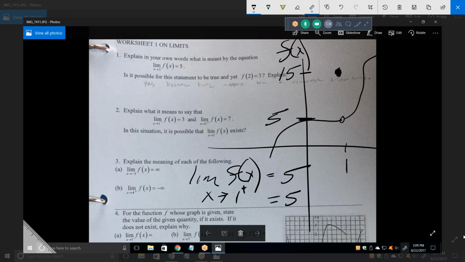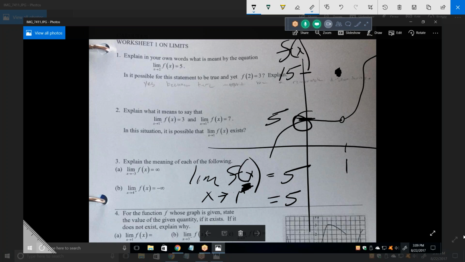What is the limit as x approaches 1? First of all, it only exists if it's the same from the left and the right. And we just proved it was. You told me that as I approach 1 from the left, it's going to 5. As I approach 1 from the right, it's going to 5. Therefore, the limit as I approach 1 is what? 5.